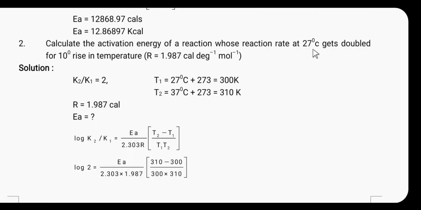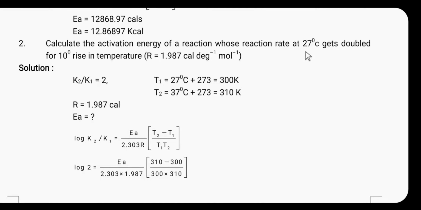So, T1 is 27 degrees Celsius. So, 27 plus 273, 300 Kelvin, and here the temperature is increased by 10 degrees Celsius. So, here 27 plus 10, that is 37. So, 37 plus 273, it is 310 Kelvin. So, T1 is equal to 300, T2 is equal to 310.